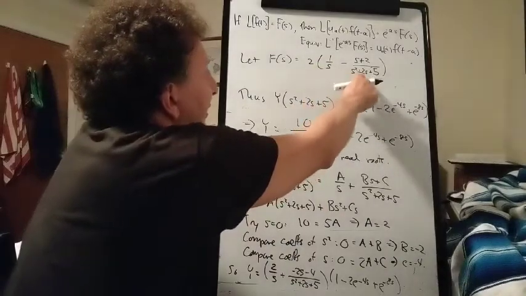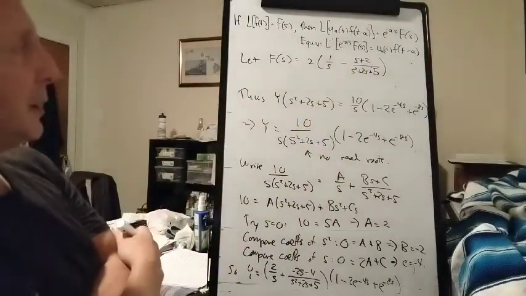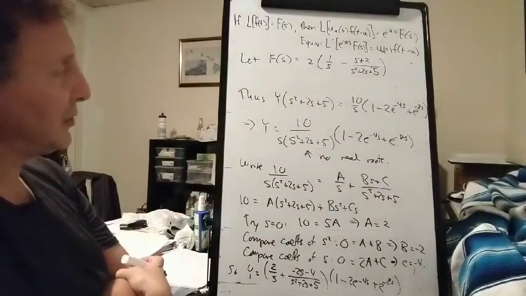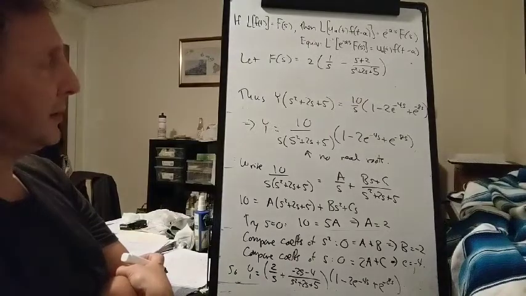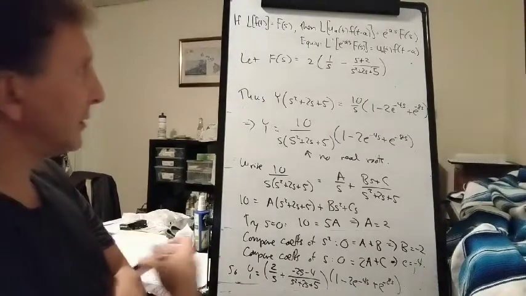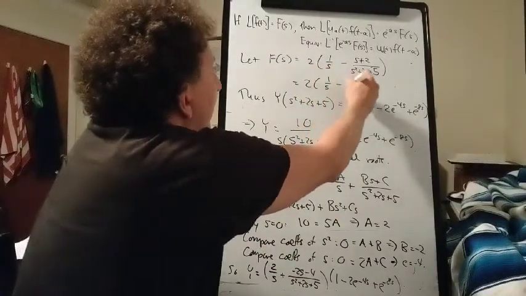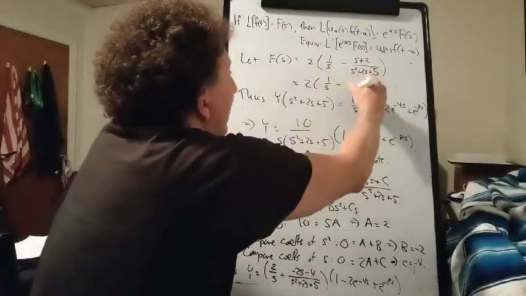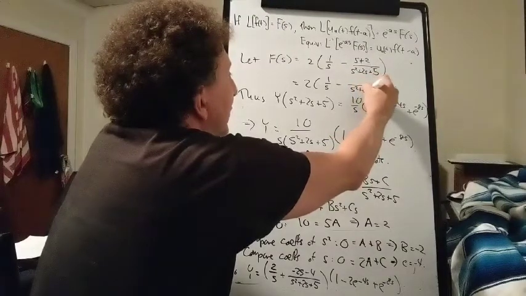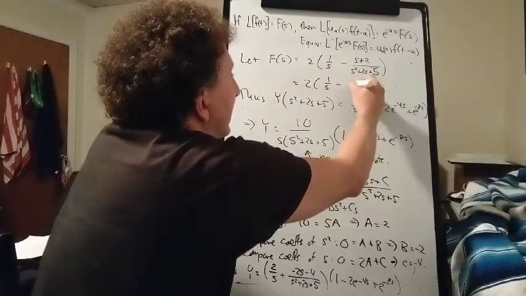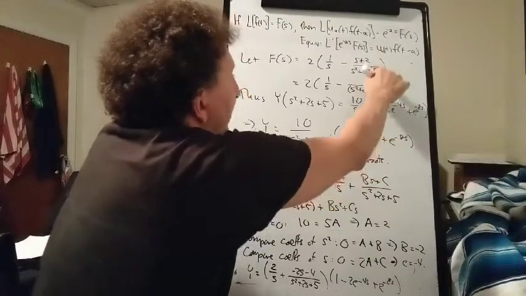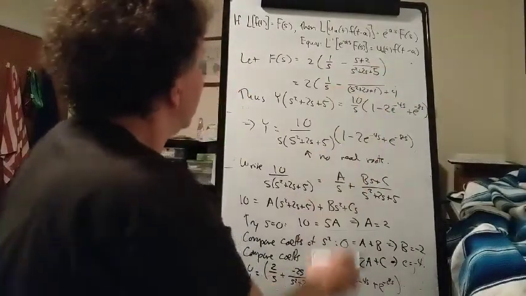One over s looks great. This on the bottom, I'm thinking looks like s squared plus 2s plus 1, because that would be s plus 1 squared. So s squared plus 2s plus 1 plus 4. So I'm breaking the 5 into 1 plus 4.